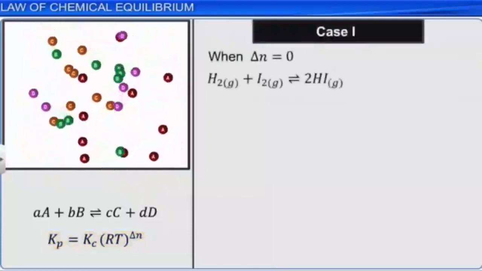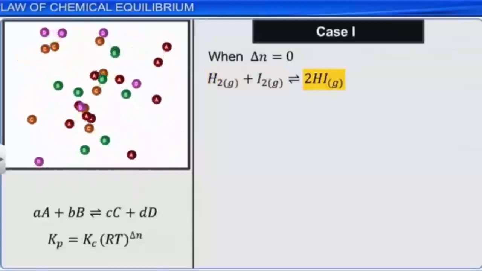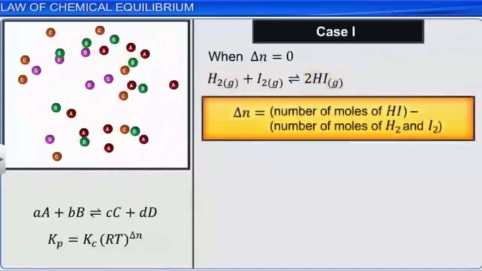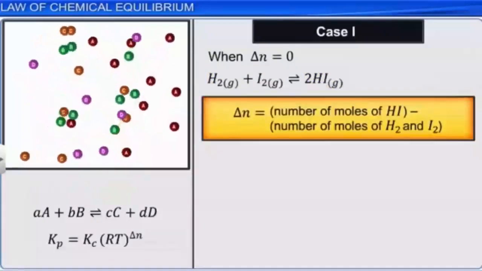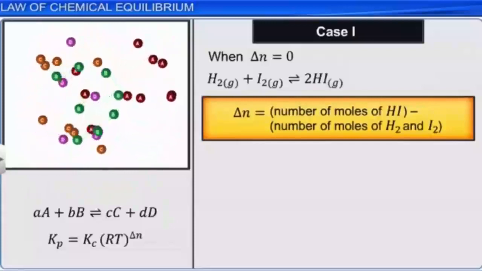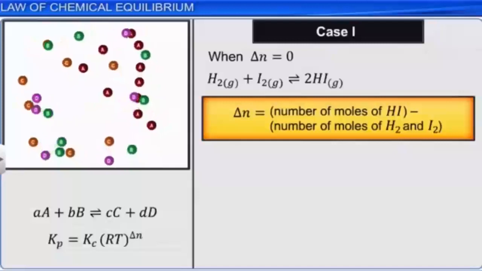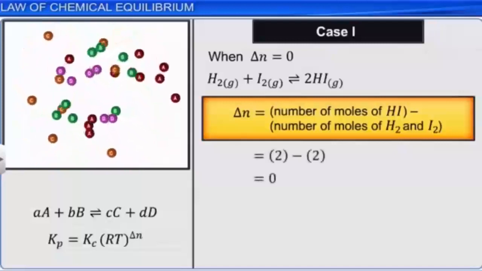Consider the reversible reaction of hydrogen and iodine that gives hydrogen iodide. For this reaction, the difference in the number of moles, delta n, is equal to the number of moles of hydrogen iodide minus the number of moles of hydrogen and iodine, which is equal to 2 minus 2, which is equal to 0.